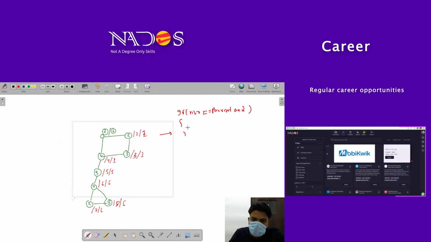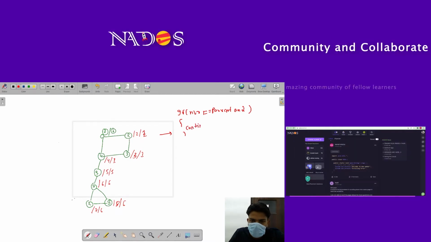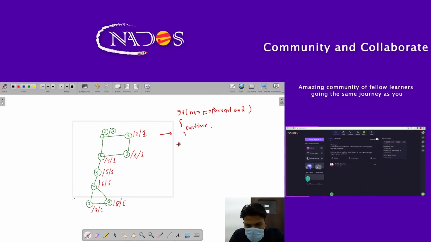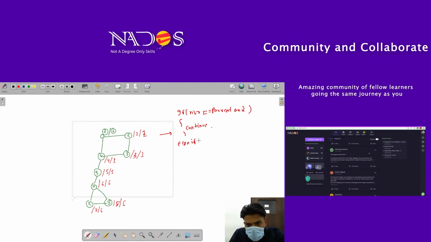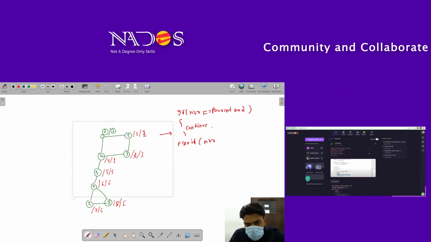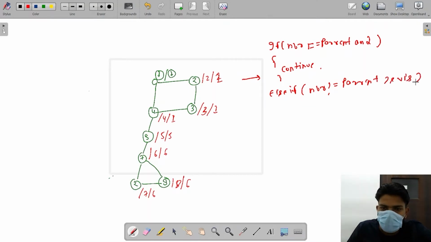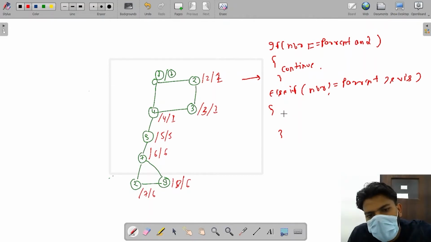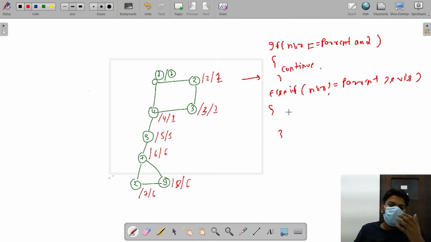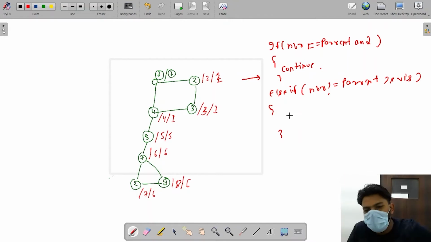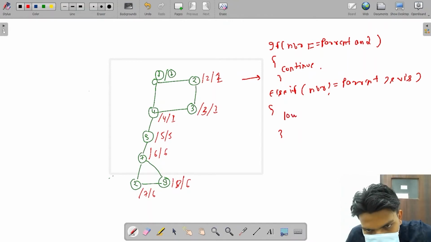Then we just continue. But else, if the neighbor is not the parent and it is visited, then what do we have to do? We compare the low value of itself and the discovered value of the neighbor, and we update our low value.